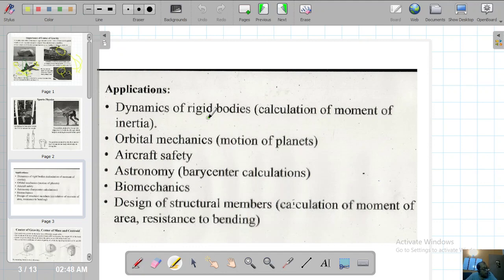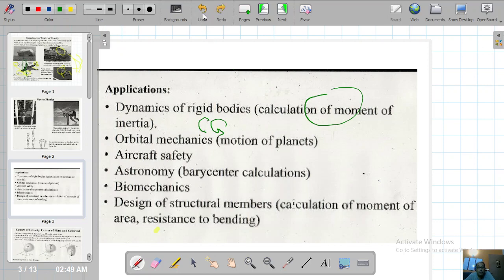Okay, and whenever you calculate the moment of inertia for any body, you need to calculate very accurately the center of gravity, which is very important. If CG is not calculated accurately, your moment of inertia will not be calculated in the right way. So this is very important.